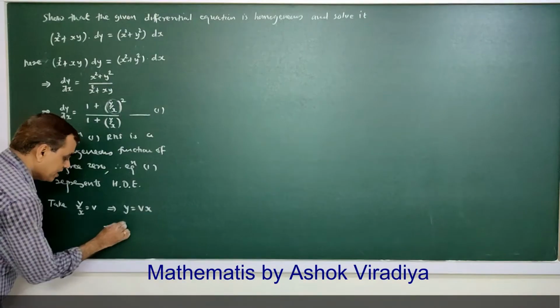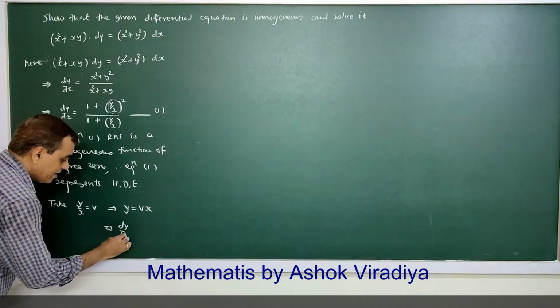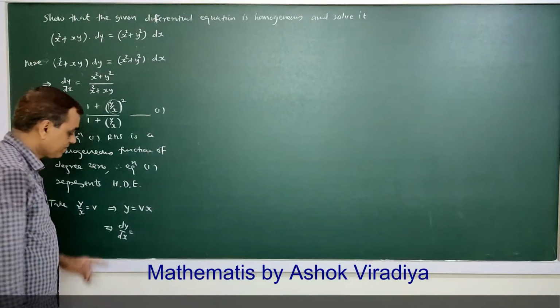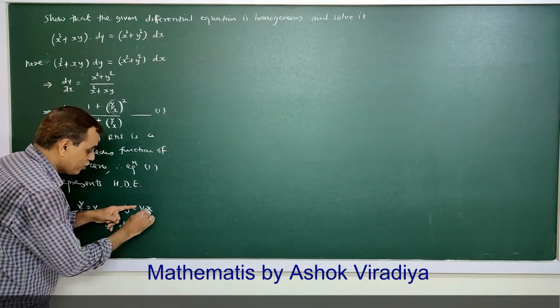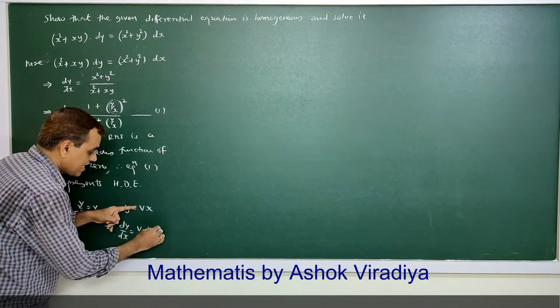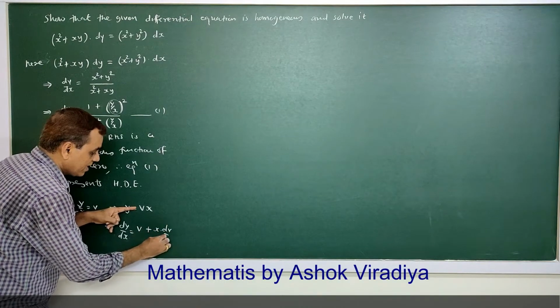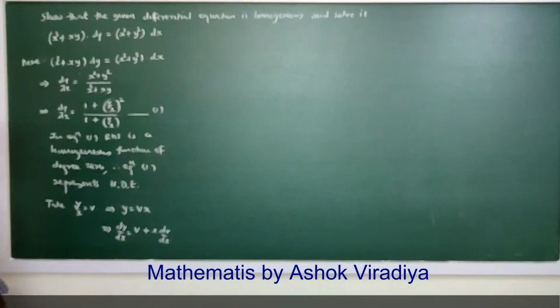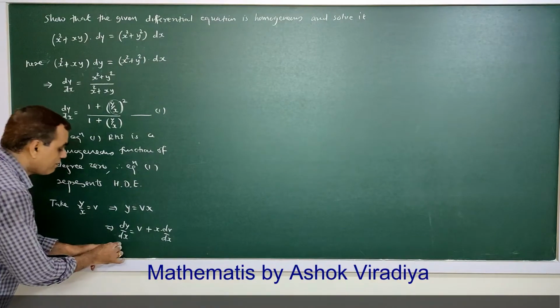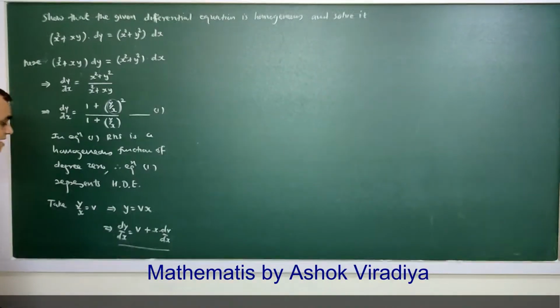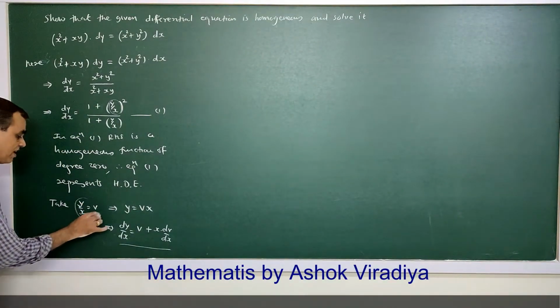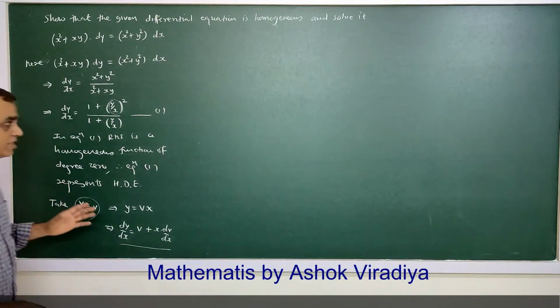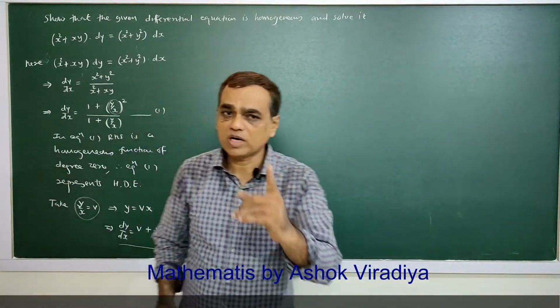Now differentiating this with respect to x, dy by dx is v as it is, derivative of x is 1, plus x into dv by dx. So the value of dy by dx and the value of y by x we substitute in equation 1.